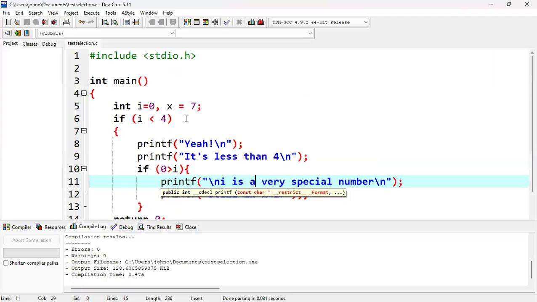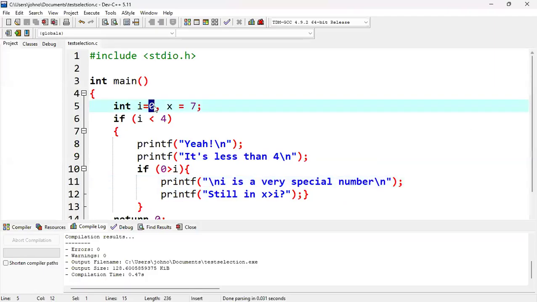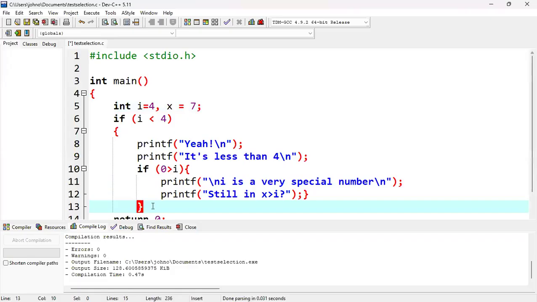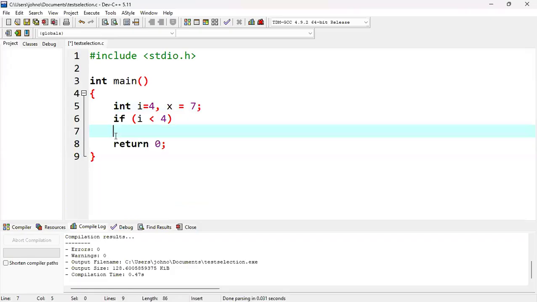Let's try. Let's use I is equal to 4, and then we change our code. We can say if I is greater than x, what do we do? Then we say max.